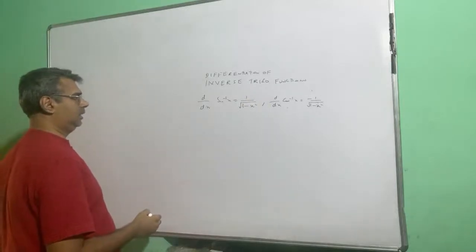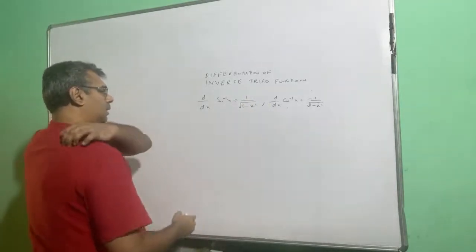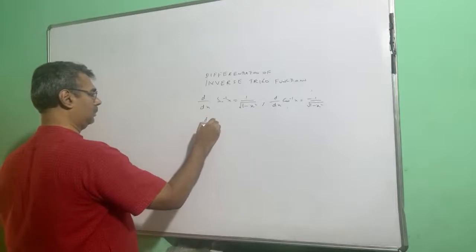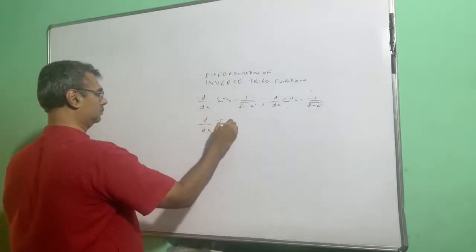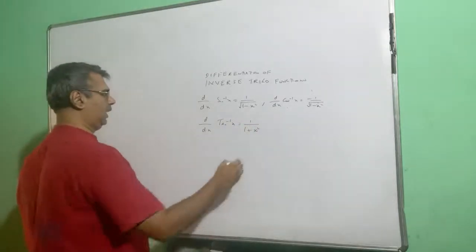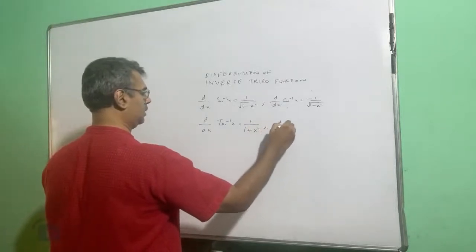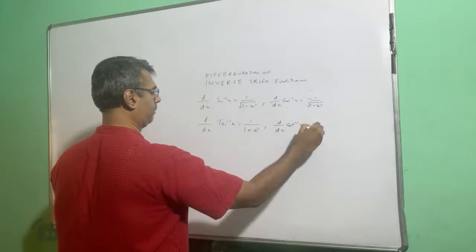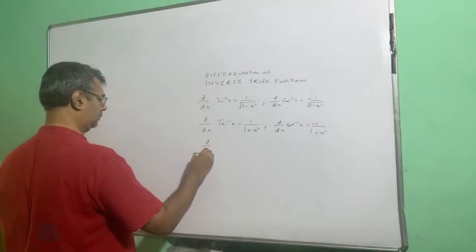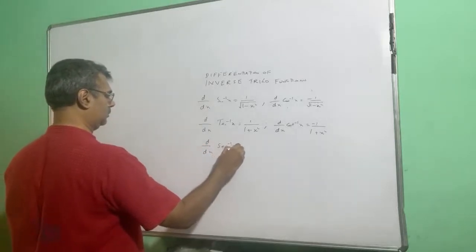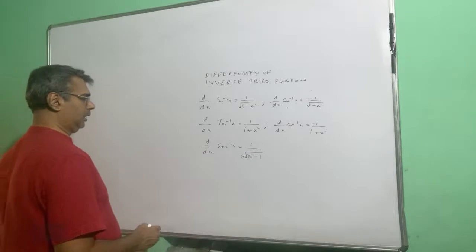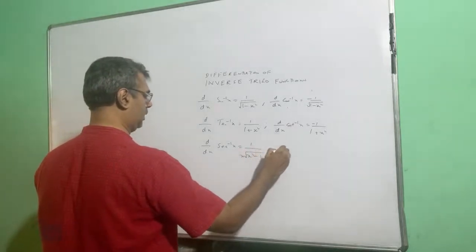dy/dx of sin inverse x is 1 by root 1 minus x square. dy/dx of cos inverse x is minus 1 by root 1 minus x square. dy/dx of tan inverse x is this. dy/dx of cot inverse x is this. dy/dx of sec inverse x is 1 by x root x square minus 1.